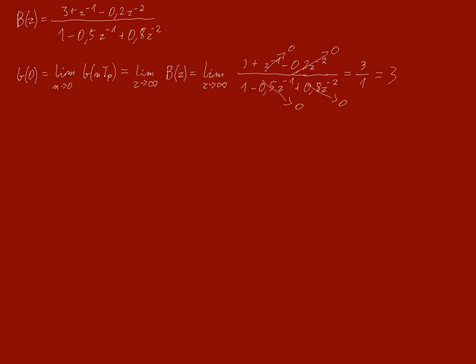In the case of the final value, it is a little more difficult, because we have to start by checking whether the final value exists, that is, whether the poles of the expression are exclusively in the unit circle. We need to count the poles of the function b of z.